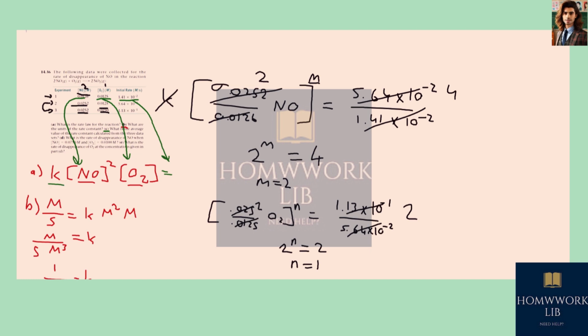Once you do that, we're going to find 3 different k's. Let's say k1 plus k2 plus k3 divided by 3. And you find the k to be, let me quickly check my notes, 7109.